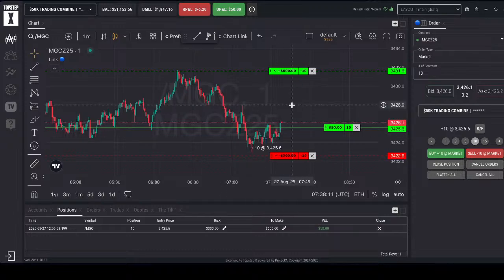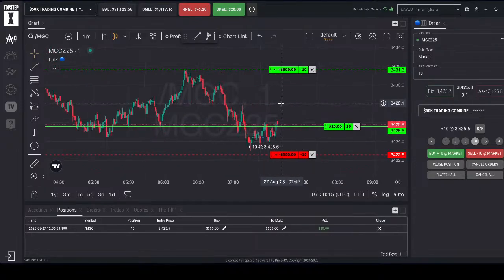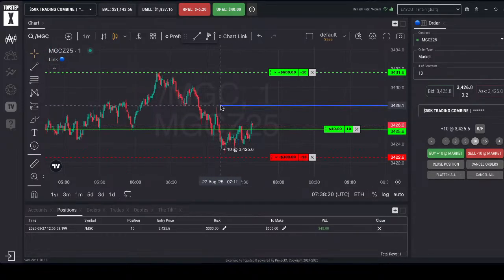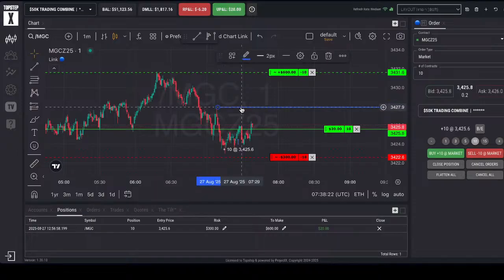Yeah, the price has given a strong movement to the upside, and we are just waiting to see what will happen next. And this would be the place where we'll move our price to break even. So, yeah, it's a good one. Let's see.